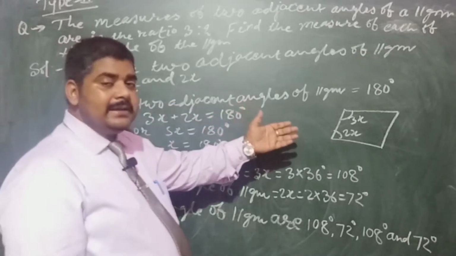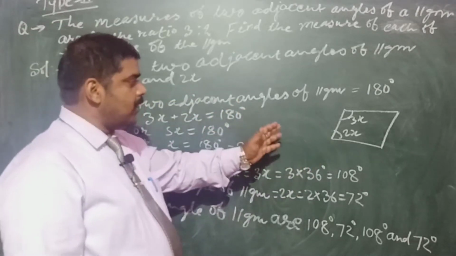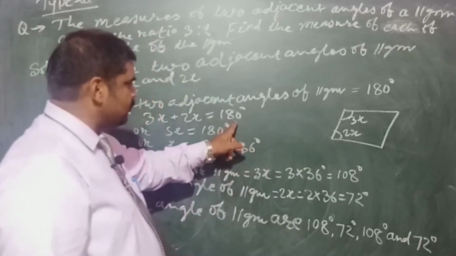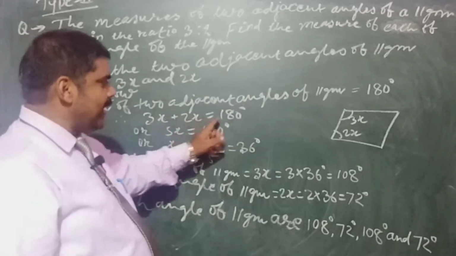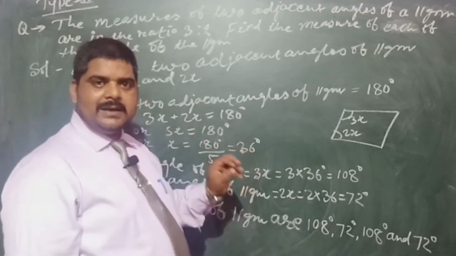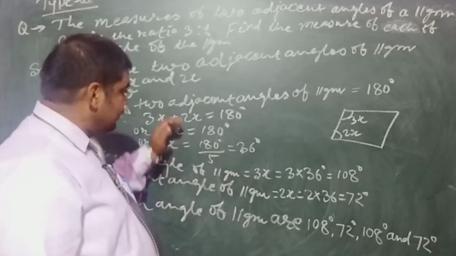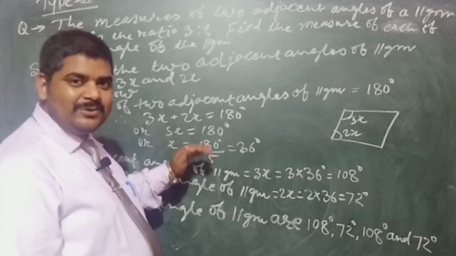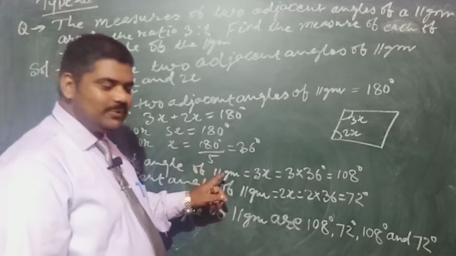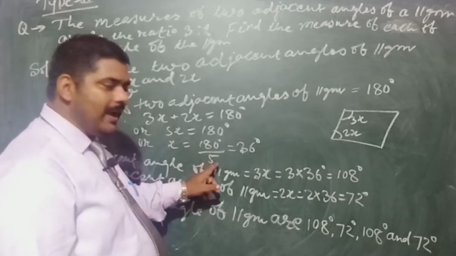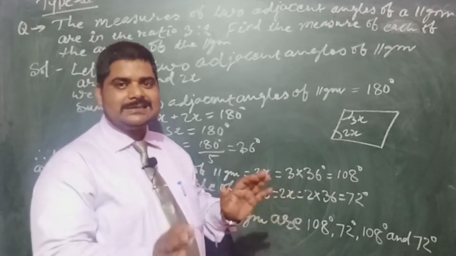In a parallelogram, the sum of adjacent angles is equal to 180 degree, and this is why 3x plus 2x is equal to 180 degree. If you do the calculation, x is equal to 180 upon 5, which is equal to 36 degree.